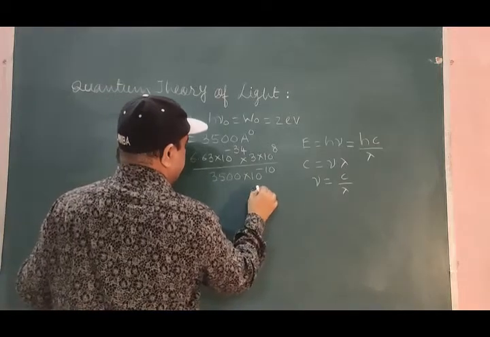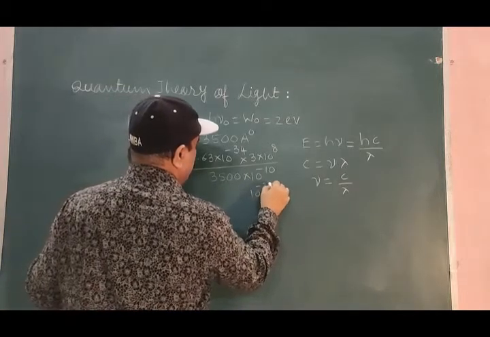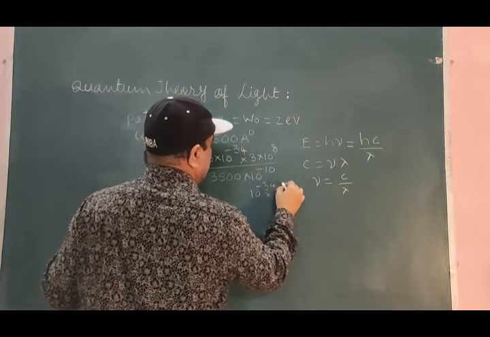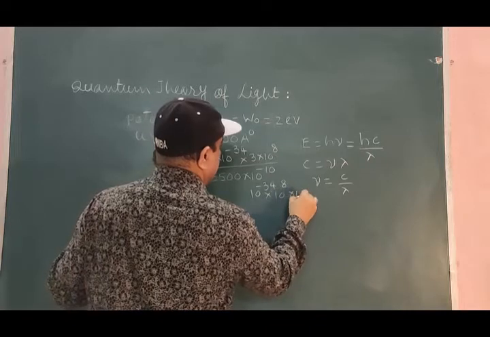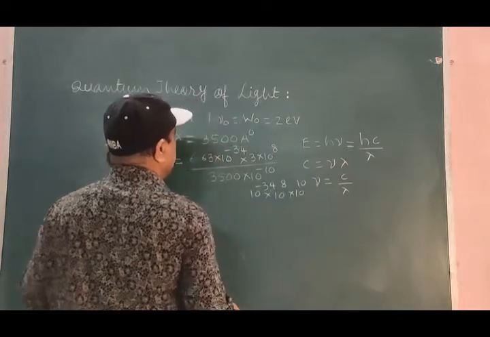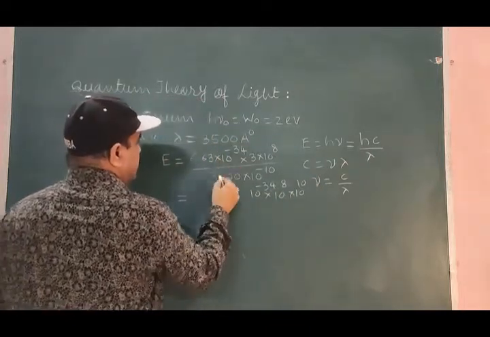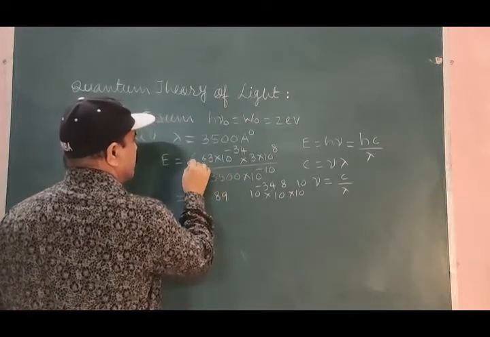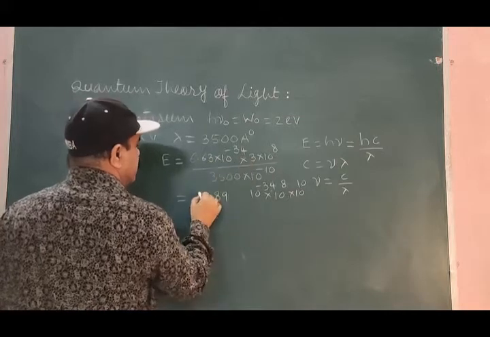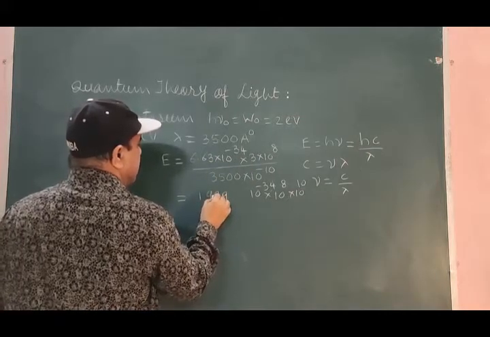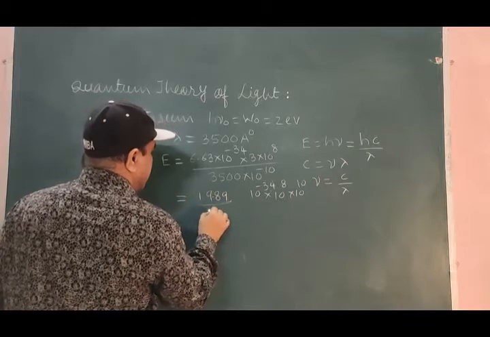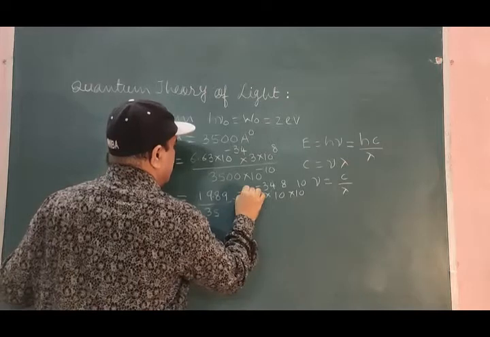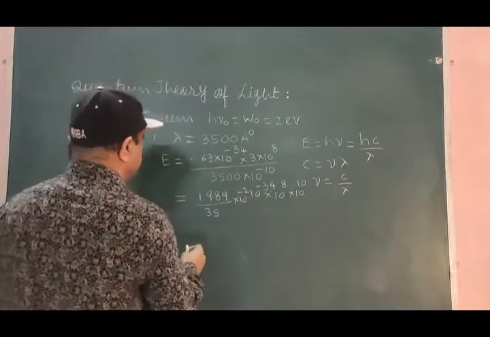10 to the power minus 34 into 10 to the power 8 into 10 to the power 10. 3 3s are 9, 3 6s are 18, 8 carry 1, 3 6s are 18 plus 1, 19, 19.89 divided by 35 into 10 to the power minus 2.